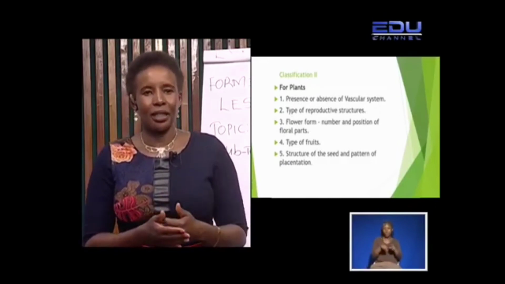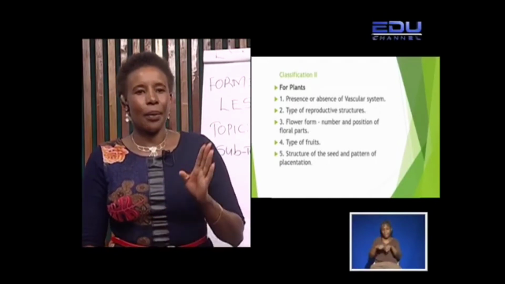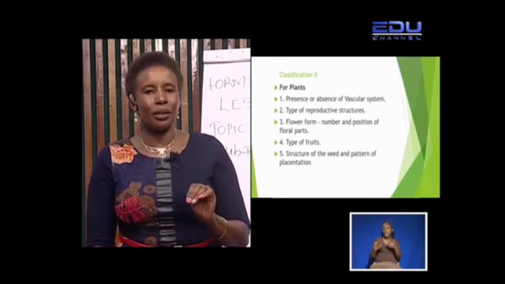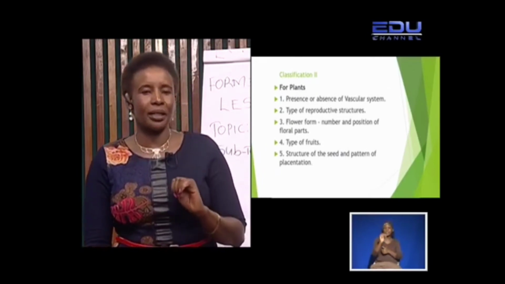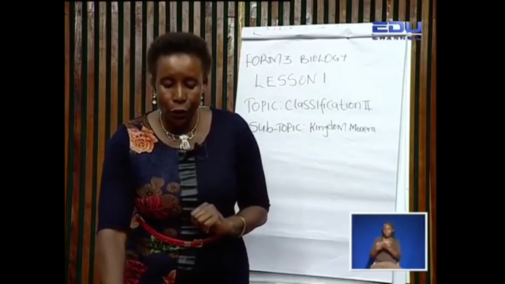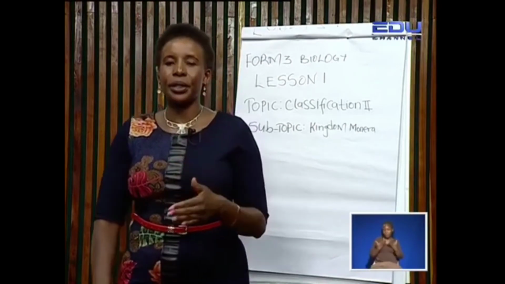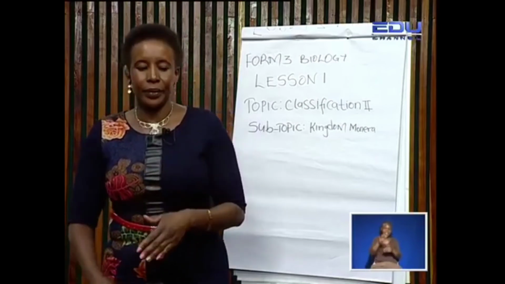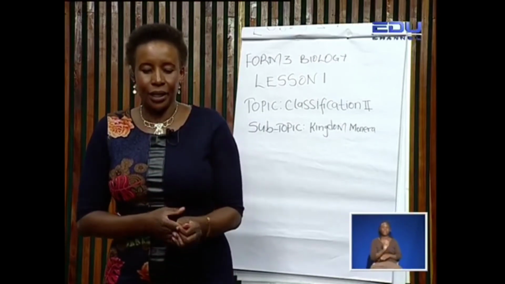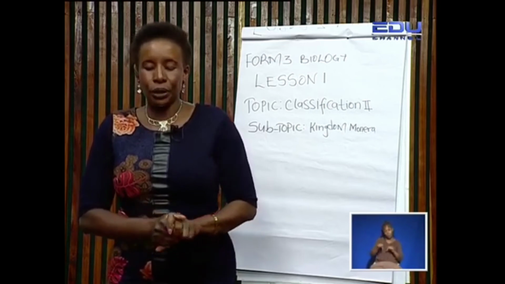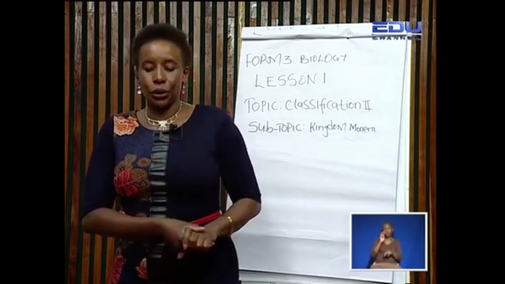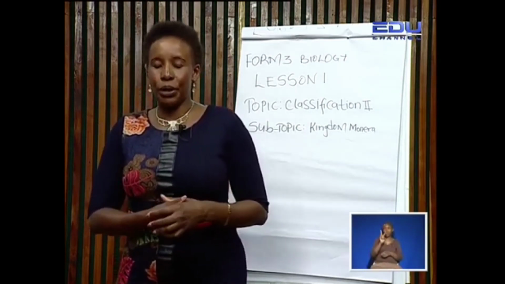Remember, I said in Form 1, there were 7 taxonomic units of classification which were discussed. And all those living organisms were classified using those external features. So today, in Form 3, we're going to look at classification 2, that is Kingdom Monera.